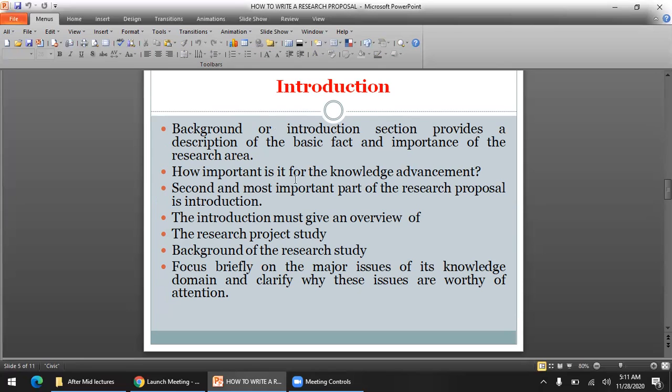How important is it for the advancement of knowledge? The second and most important part of the research proposal is the introduction. The introduction must give an overview of the research study and its background, focus briefly on the major issues of its knowledge domain, and clarify why these issues are worthy of attention. So in the introduction, we provide these things.